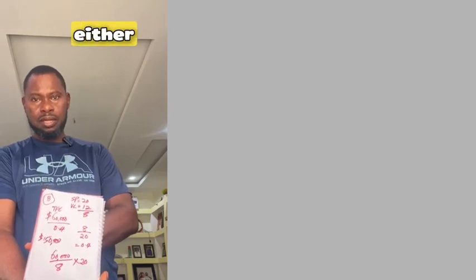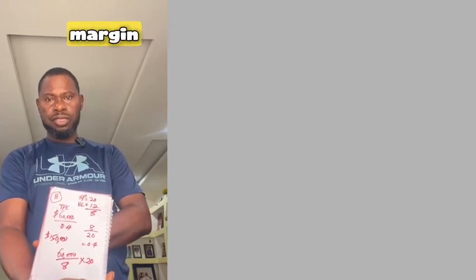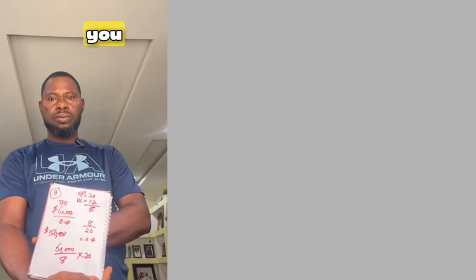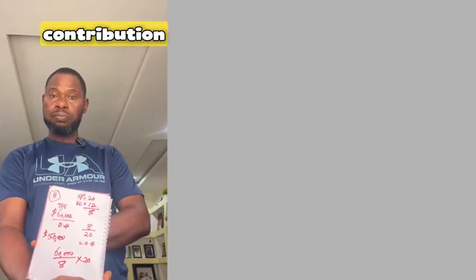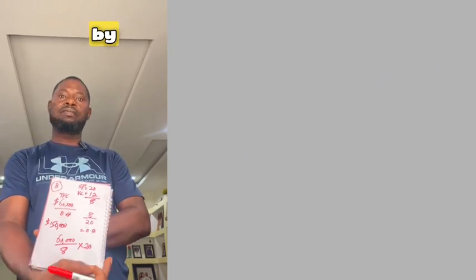So it's either you say the total fixed cost divided by the contribution margin ratio, or you say the total fixed cost divided by the contribution per unit multiplied by the selling price. You'll get the same thing. We've divided by the contribution margin ratio and got 150,000. Let's try the other way.